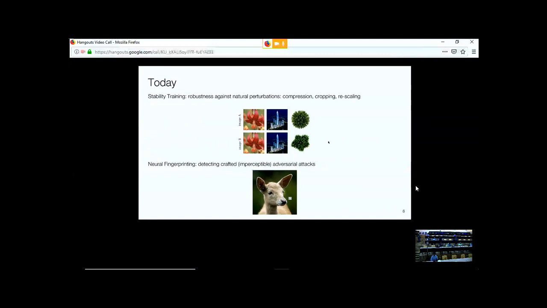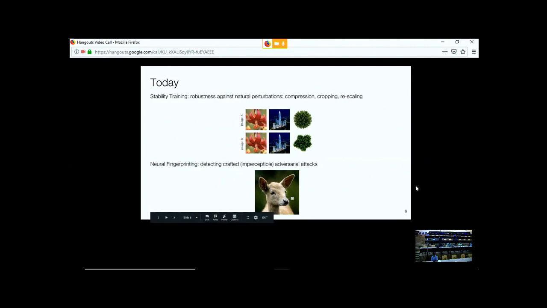It's one that I was working on at Google 2 years ago when I was an intern there, where we come up with a very straightforward technique to get robustness against natural perturbations. In the second paper that we worked on last year, or ongoing, called neural fingerprinting, we try to detect adversarial attacks, so these crafted perturbations.